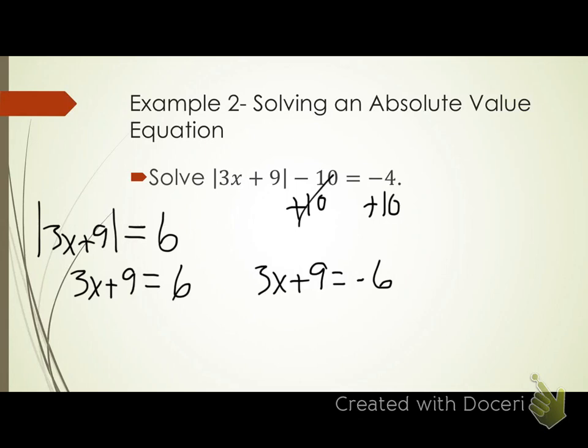Once I set up the two equations, I can now start solving them both for x. So what's my first step on both of them to get x by itself? Subtract 9 from both sides. On the left, 3x equals what's 6 minus 9? Negative 3. On the right, 3x equals what's negative 6 minus 9?